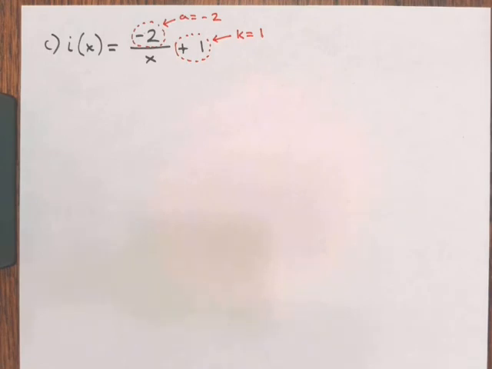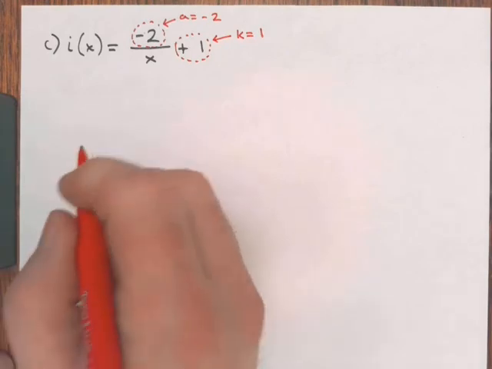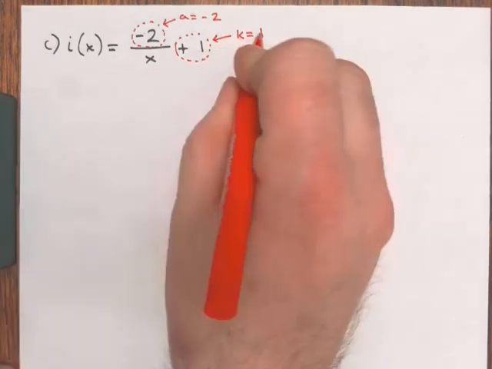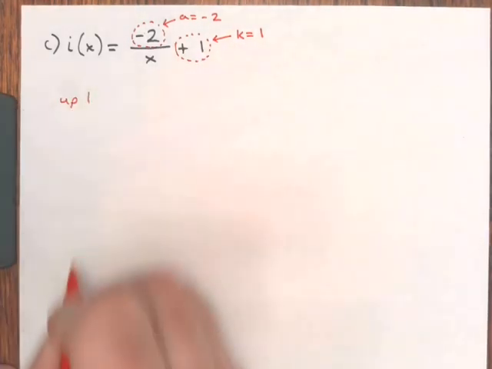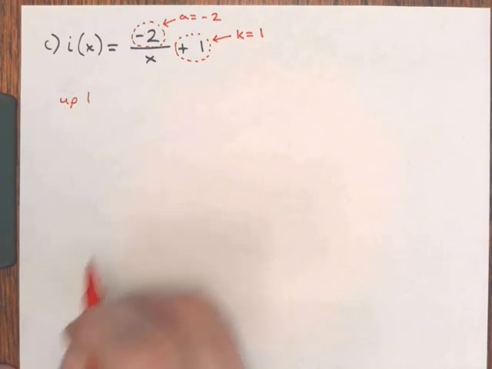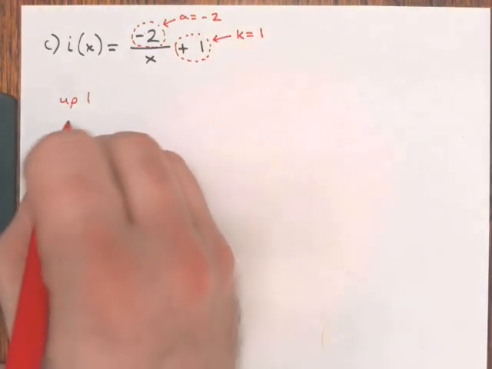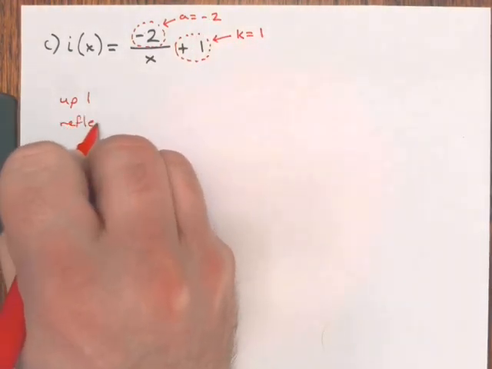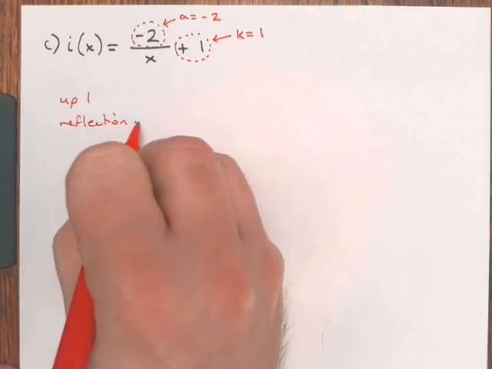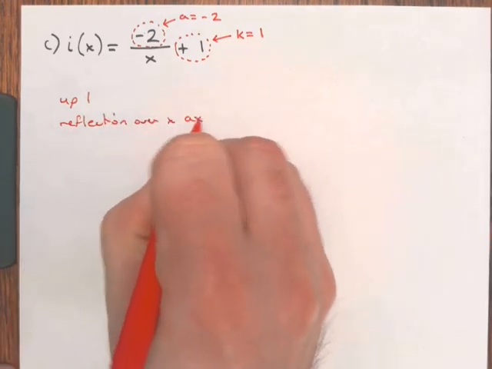First of all, it's negative. So this will be a reflection over the x-axis. And it's a 2. So this graph is going to need to be twice as steep. So listing out our transformations, k is 1, so we're going to have to slide our graph up 1 unit. Down in the bottom we just have x, so there's no horizontal shift. Our value for a is negative, so there is going to be a reflection over the x-axis.